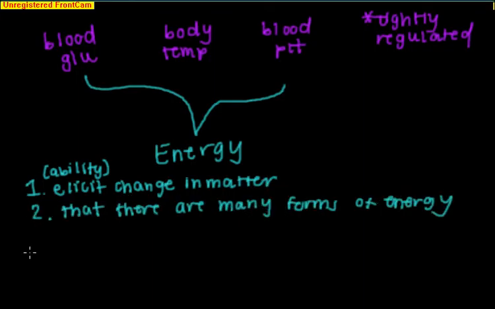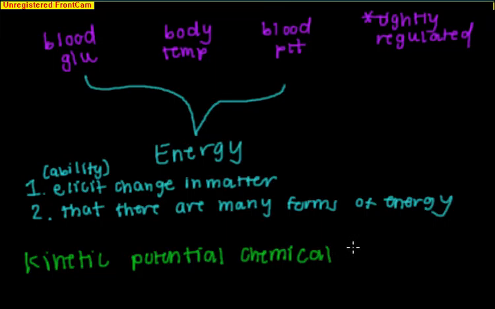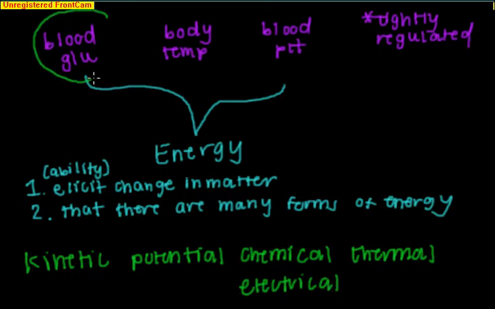There's kinetic, potential, chemical, thermal, and electrical, among others. So it's easy to connect how, say, changes to blood glucose levels in the body is actually a change to energy in the body.